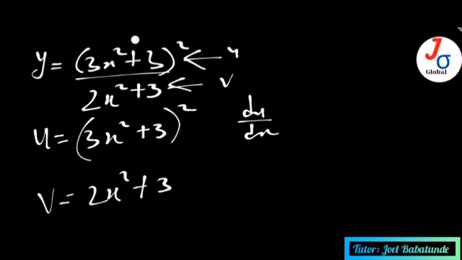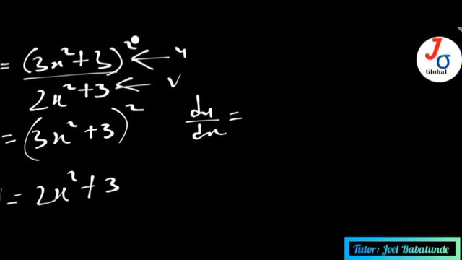My du/dx is, I'm going to do this in my head. 2 times 2, I have 2. Then differentiate this, I have 3 times 2 is 6x. Then plus 0, okay, 6x.